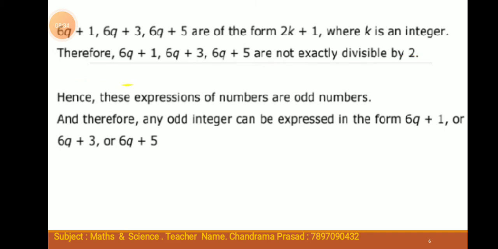Therefore, 6q + 1, 6q + 3 and 6q + 5 are not exactly divisible by 2. So any positive odd integer can be expressed in the form 6q + 1, or 6q + 3, or 6q + 5.